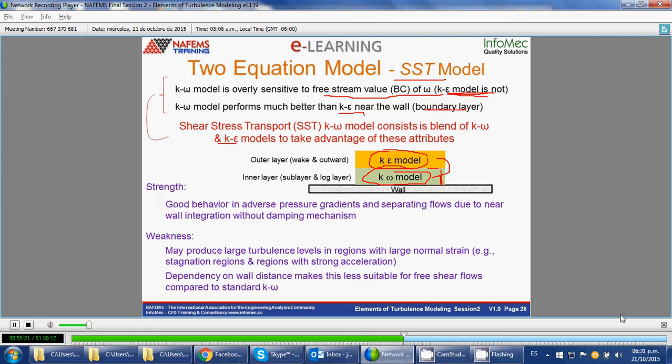And sometimes when you do have, for example, free shear layers, you don't have that wall dependency. So all of a sudden it becomes a trouble. So you may want to go back to K omega instead of the SST model.